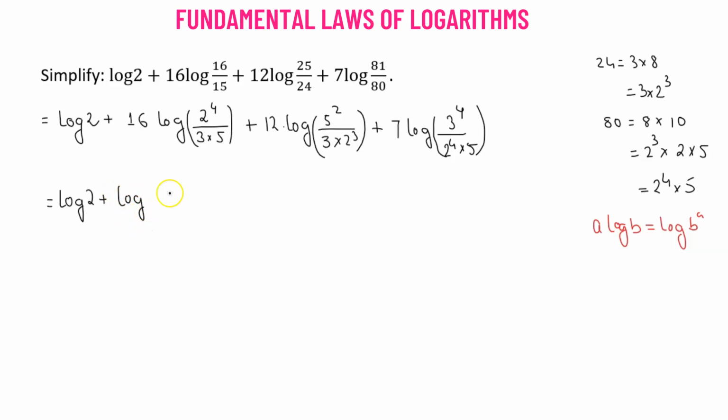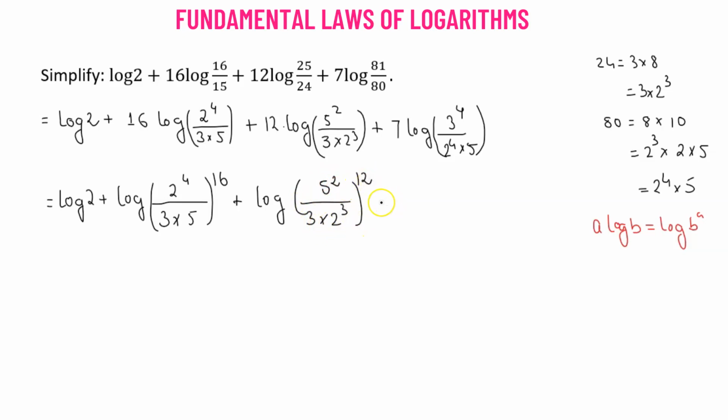So we have log of 2 raised to the power of 4 divided by 3 times 5, whole raised to the power of 16, plus log of 5 squared divided by 3 times 2 cubed, whole raised to the power of 12, plus log of 3 raised to the power of 4 divided by 2 raised to the power of 4 into 5, whole raised to the power of 7.